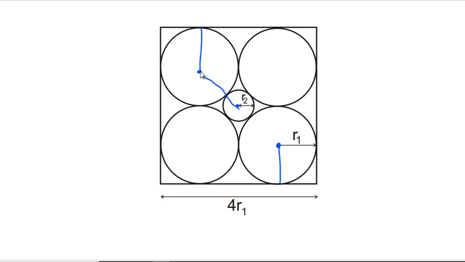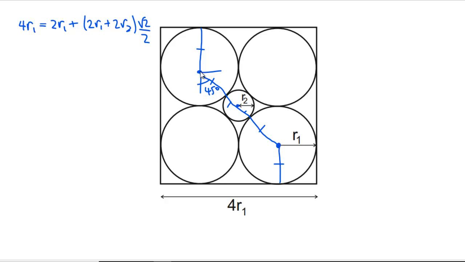but I ended up doing something much like this, of working out a path from top to bottom and then saying, well, top to bottom is 4r1, and that is going to be equal to 2r1 plus 2r2, multiplied by, this is 45 degrees because it's all symmetrical, sine of 45 degrees, which is root 2 over 2.